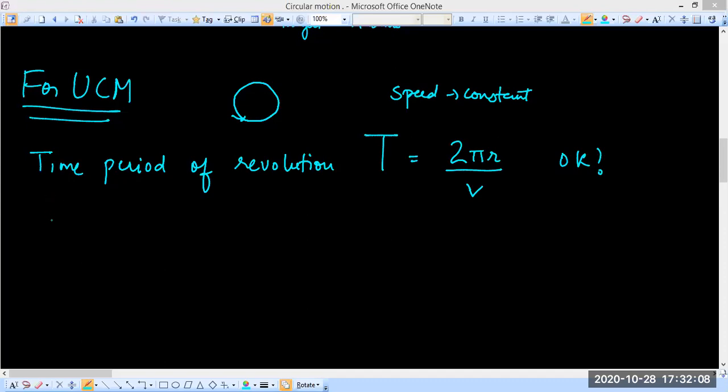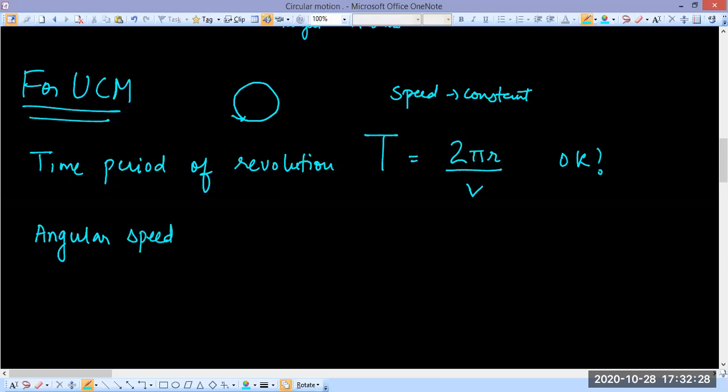Okay. So based on this, there is actually one more thing that we are going to talk about. Right now it's very basic, later it will come in chapter 7. Angular speed is the next thing, right? Angular speed. Okay. So what is angular speed? Very basic, I'm saying: angle covered per unit time, and you know that this is not how we should define it.